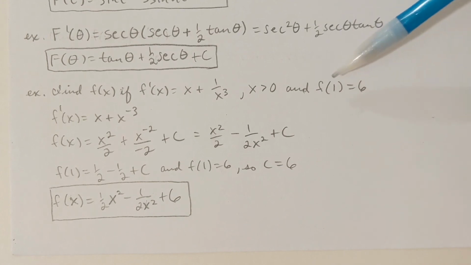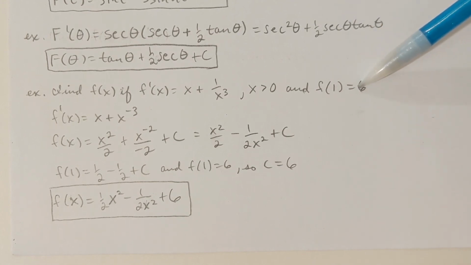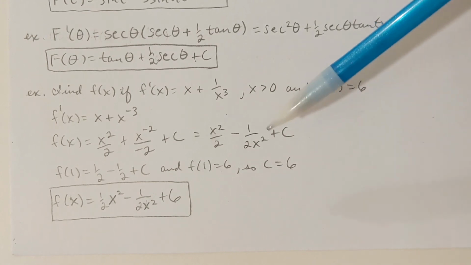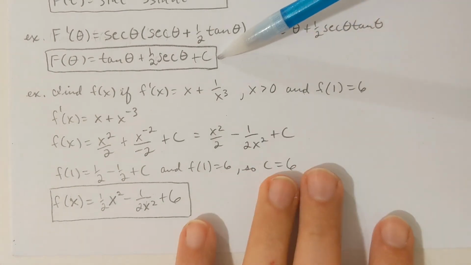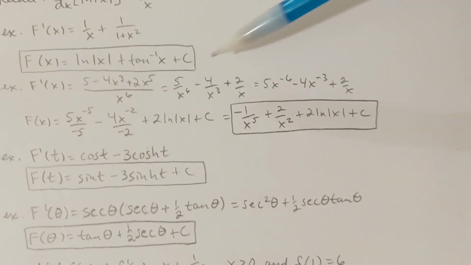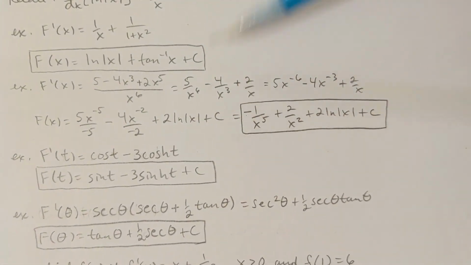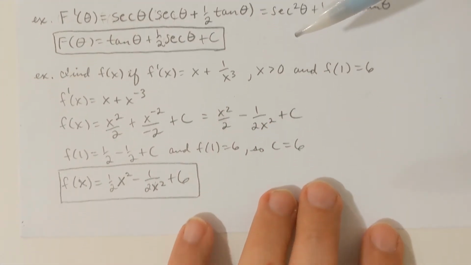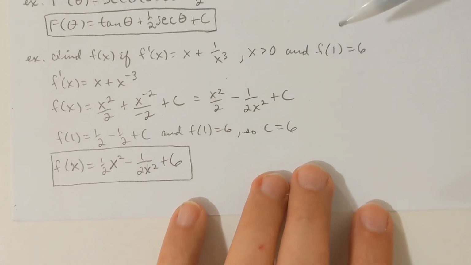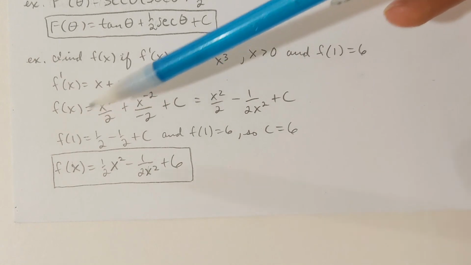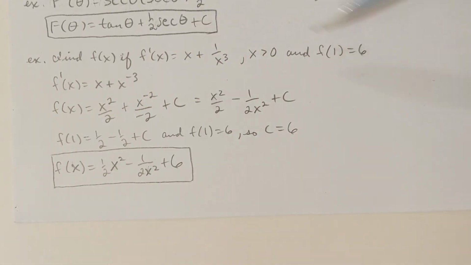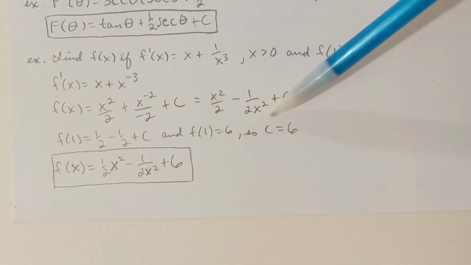Now, f of 1 equals 6 means that for this particular problem, there's going to be only one answer. There's not going to be infinitely many like I was doing over here with this plus c, since c can be infinitely many constants. I'm going to get a specific answer. And I can find that c value by plugging 1 into the function that I've created here.